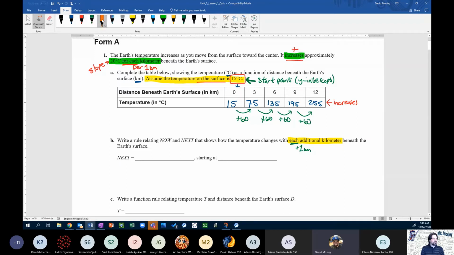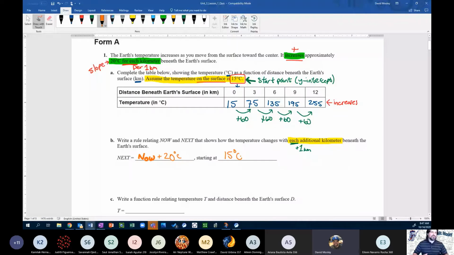So now we have next equals now plus 20 degrees Celsius, starting at, our start point is still 15 degrees Celsius.